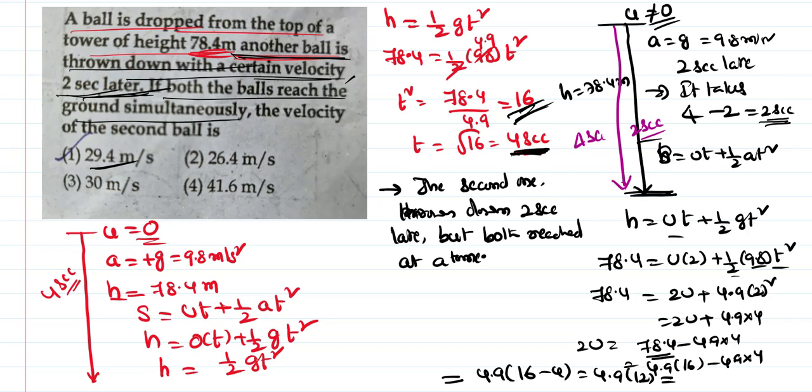So 2u equals 4.9 into 12. That implies u will be 4.9 into 12 by 2, that is 4.9 into 6, that is 29.4 meters per second. So the second one is thrown down with a velocity of 29.4 meters per second.